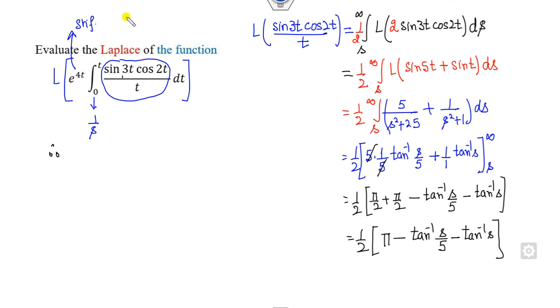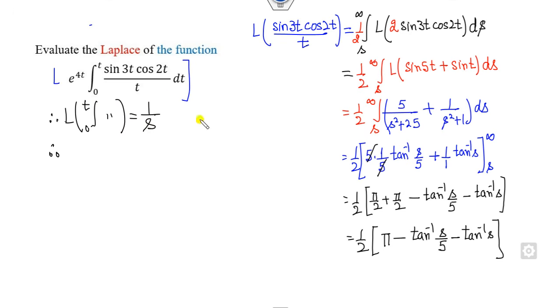So therefore what is the Laplace of this integration part? Therefore Laplace of this integration part will be 1 over s of this quantity, 1 over 2 (pi minus tan inverse s over 5 minus tan inverse s). Now what remains is the exponential.